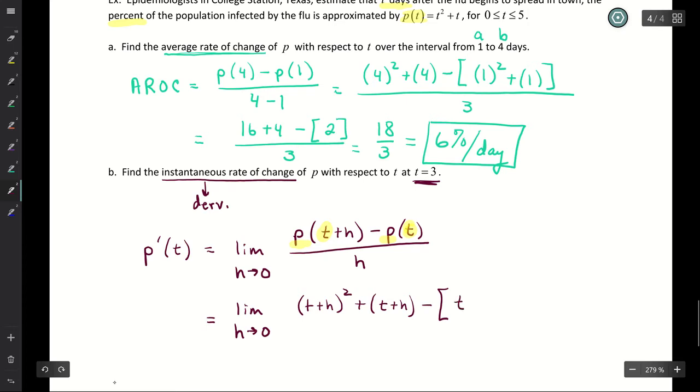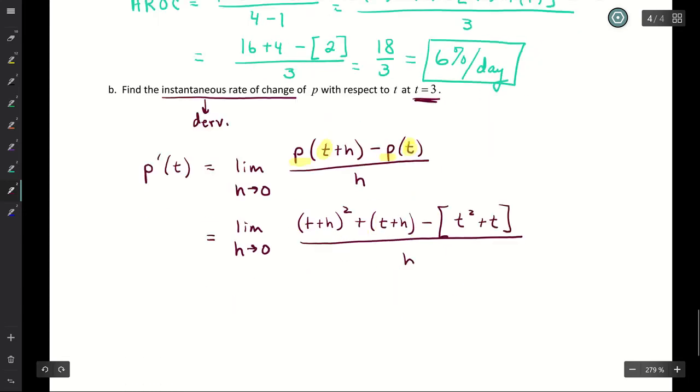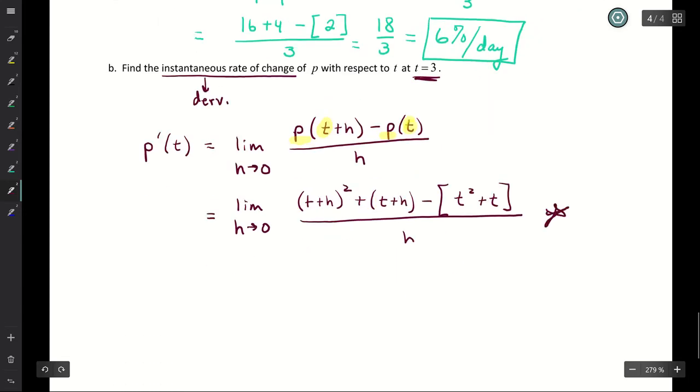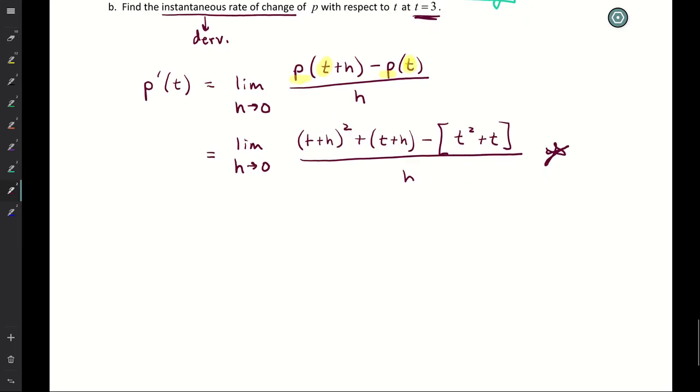So that's the t squared plus the t. And then this is all over h. I would say that this is one of the most important steps in this problem. It's also a step where students generally have questions. So if you're confused on this particular step, please let me know, and I can help clarify the plug-in, how to get from the notation using your function into this second piece.